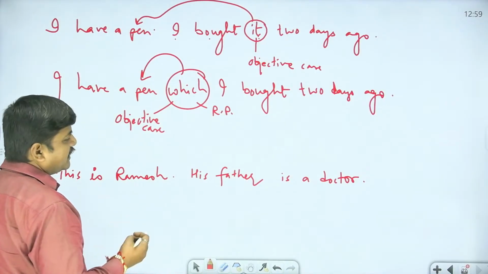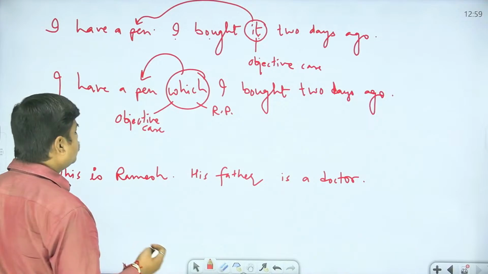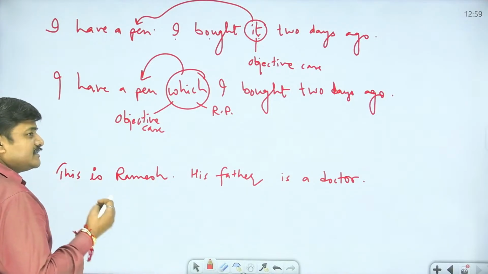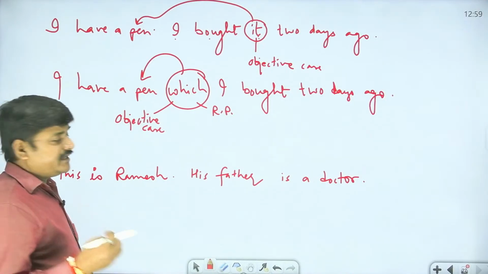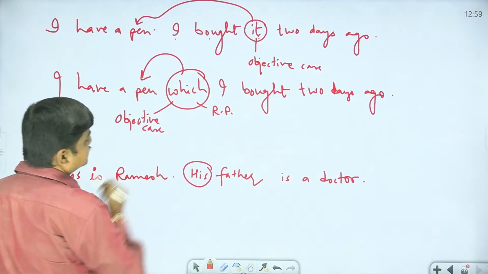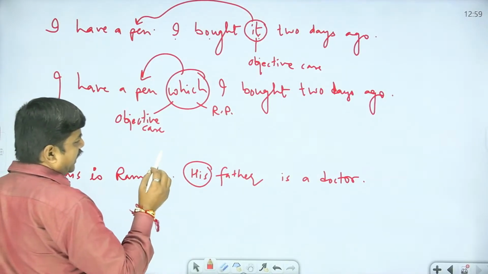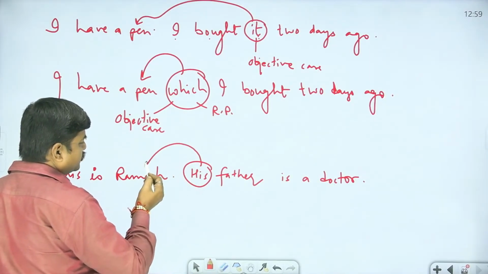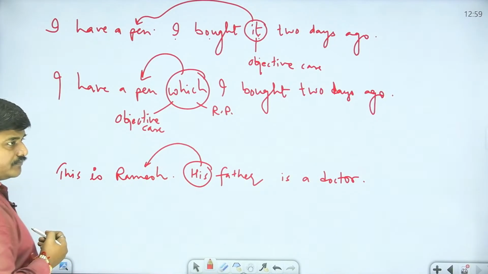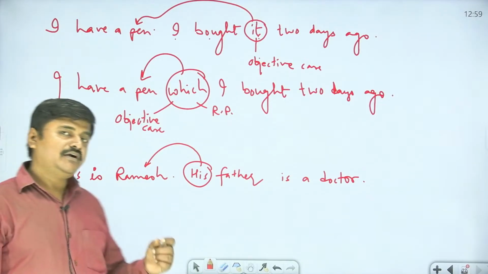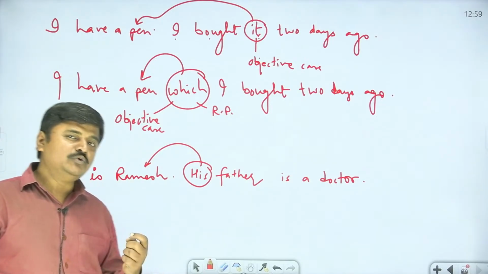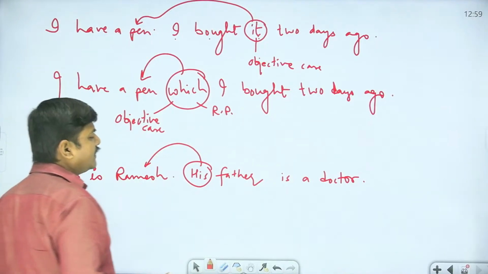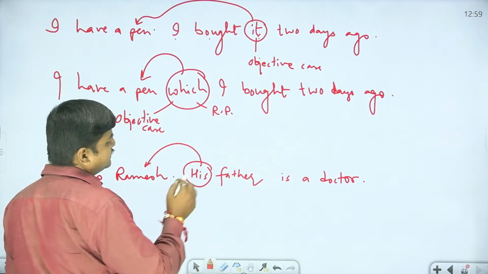This is Ramesh, his father is a doctor. Now, which word is just creating a link between these two sentences? You will say that is his. I am speaking his, and his is going back to this Ramesh. Now, which word can we use to relate that and can be replaced?